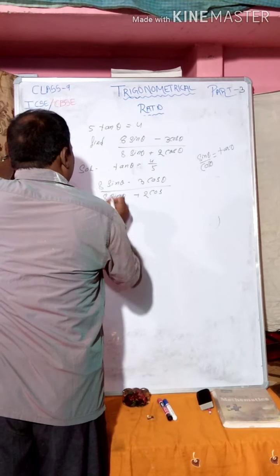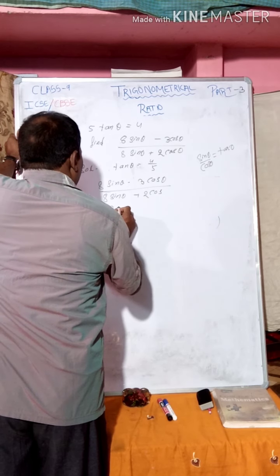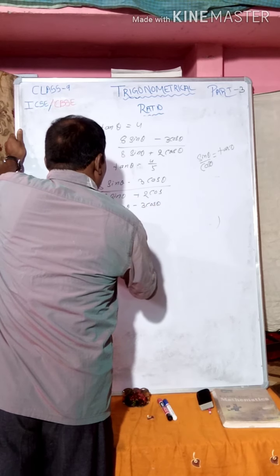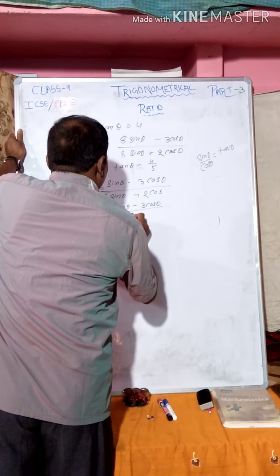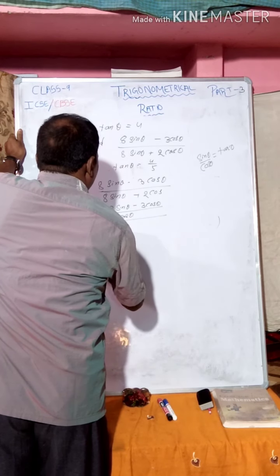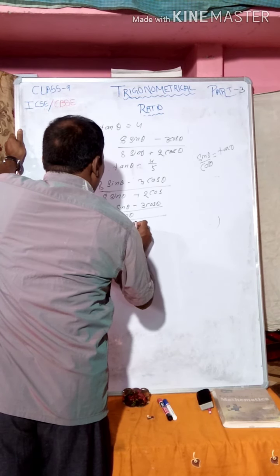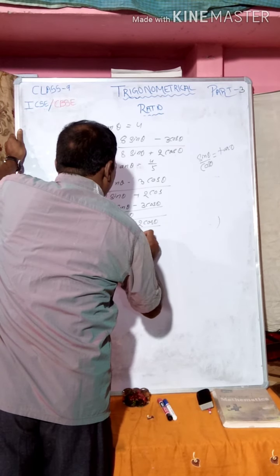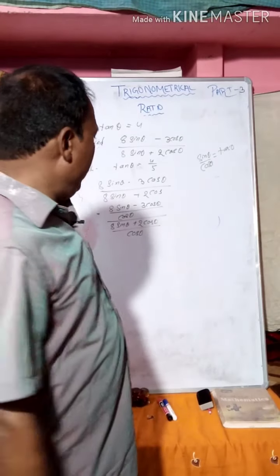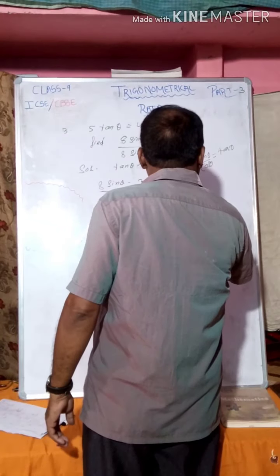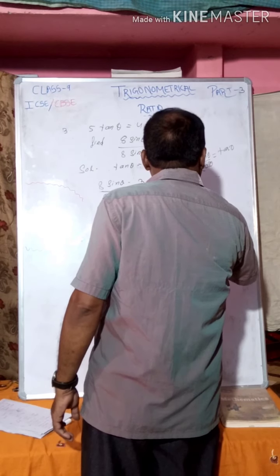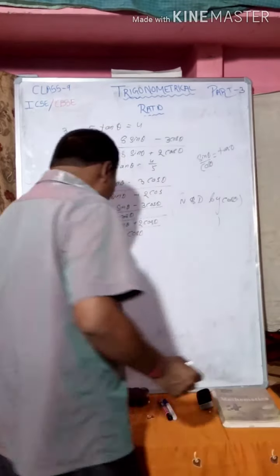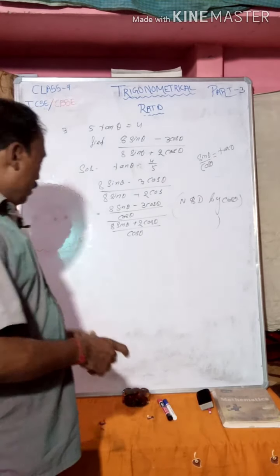So it is numerator, it is denominator. So 8 sin theta minus 3 cos theta upon cos theta, whole divided by 8 sin theta plus 2 cos theta upon cos theta. So numerator and denominator both divided by cos theta.